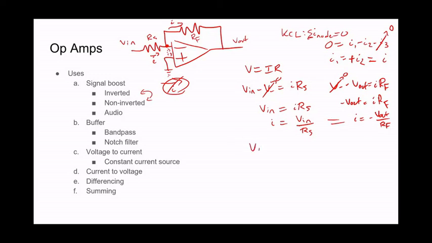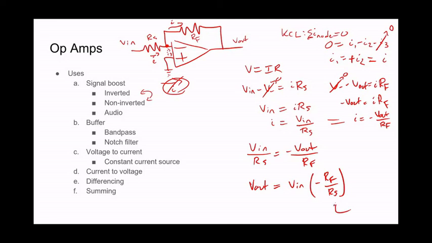We can set them equal, which gives us V in over R sub S equals negative V out over R sub F. Finally, because we want to know the output voltage, V out equals V in times negative R sub F over R sub S.